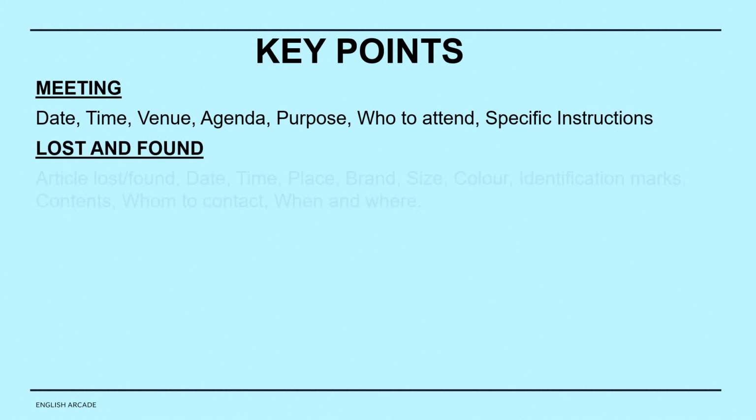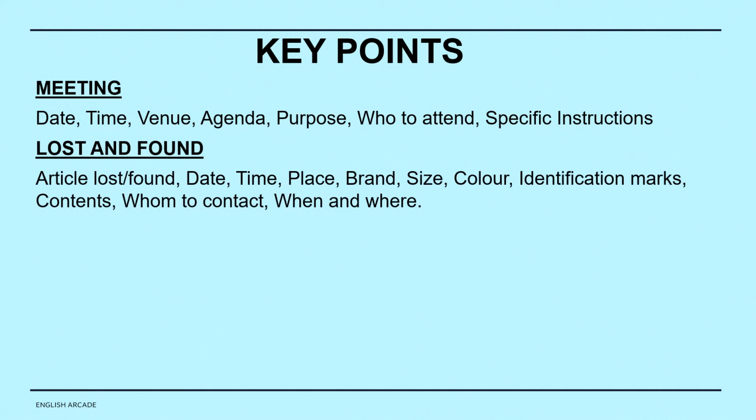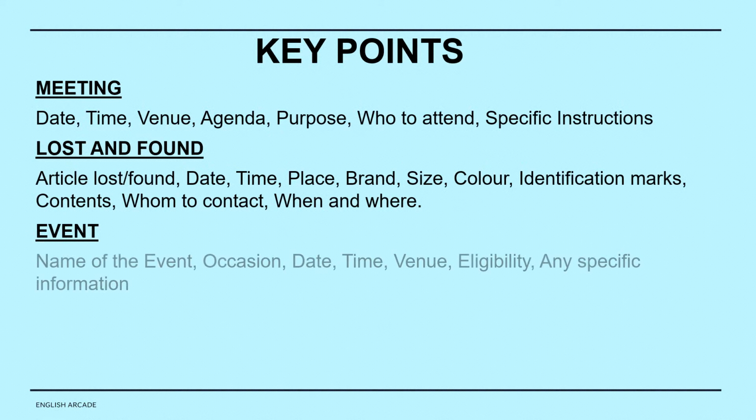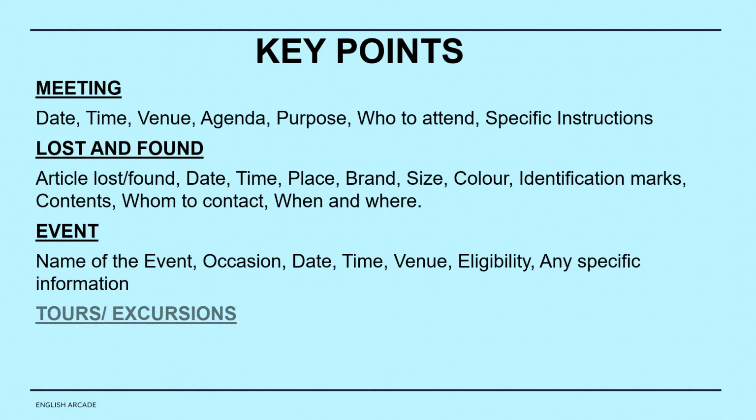For lost and found notices, we must write the name of the article lost or found, date, time, place, brand, size, color, identification marks, contents, whom to contact, when and where. For an event, name of the event, occasion, date, time, venue, eligibility, any other specific information.